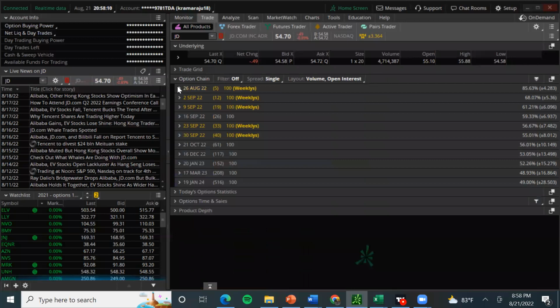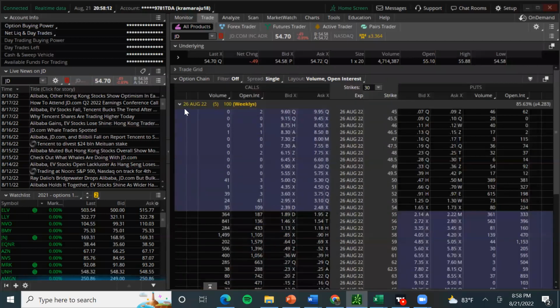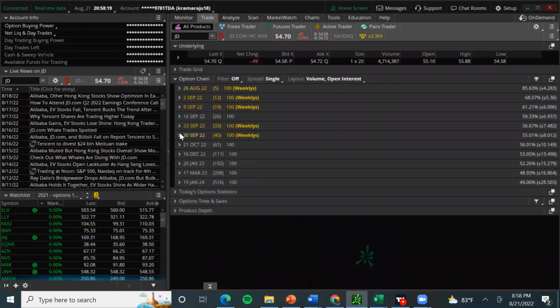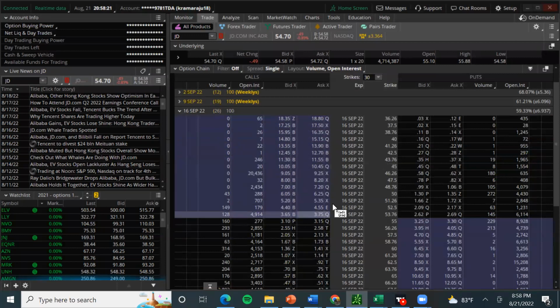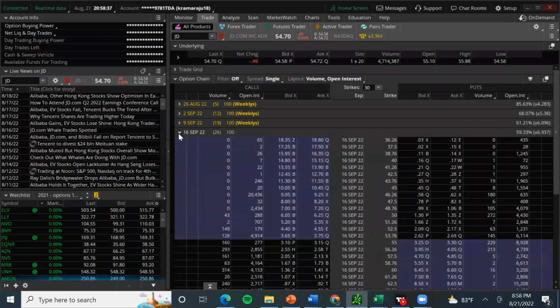If you have a high risk tolerance, go with 26th August, where you make more returns, or if you have a low risk tolerance, go with 16 September, with something where you have a huge open interest, somewhere around 56.26 or somewhere around here.